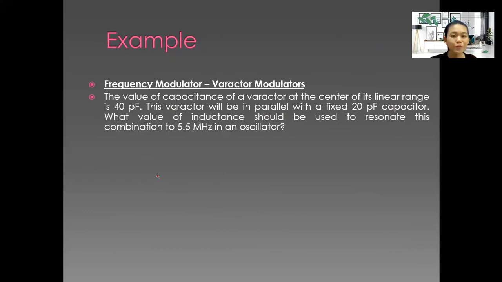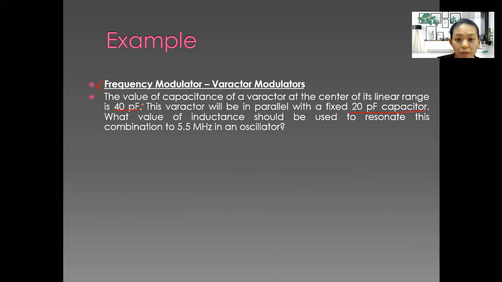Now we go to some examples of calculations for this receiver. First, we will focus on the frequency modulator, the varactor modulator. For this topic, the question is: the value of the capacitance of a varactor at the center of its linear range is 40 picofarads, and this varactor is in parallel with a 20 picofarad capacitor.